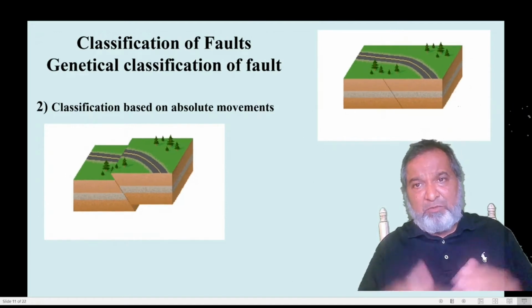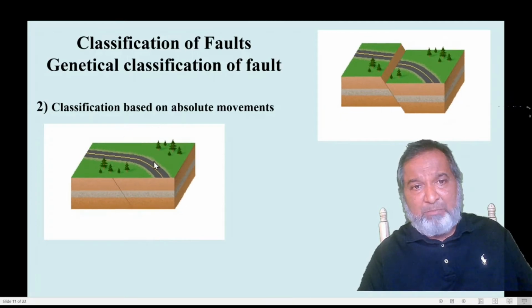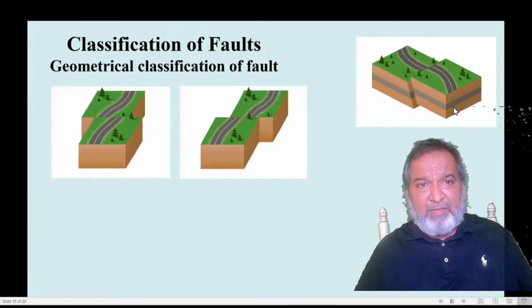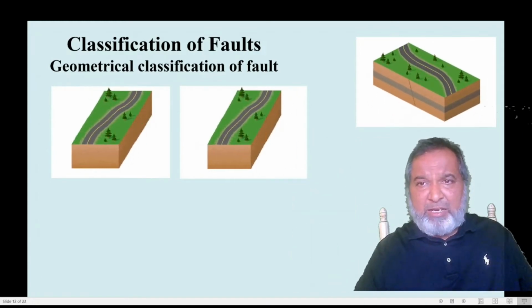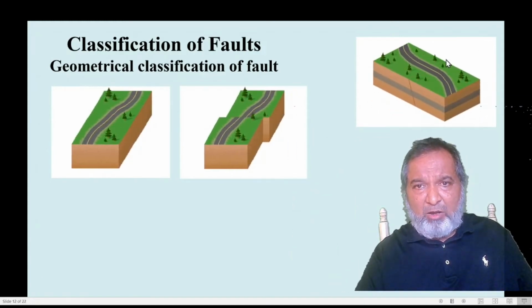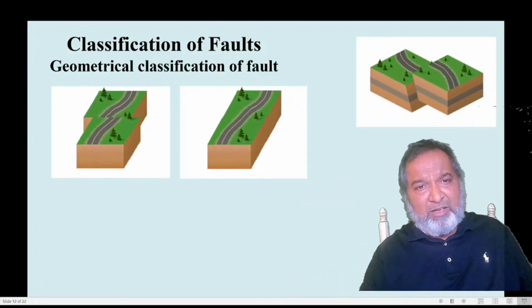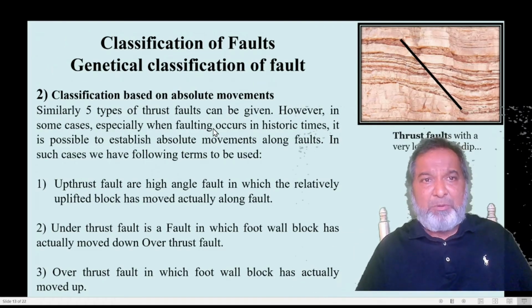Yes, so this is the movement taking place along the fault. Hanging wall goes up and here hanging wall goes down. You can see hanging wall is neither parallel to strike nor parallel to dip, it is oblique. In this case, it is the strike slip fault, the left and the right strike slip fault.